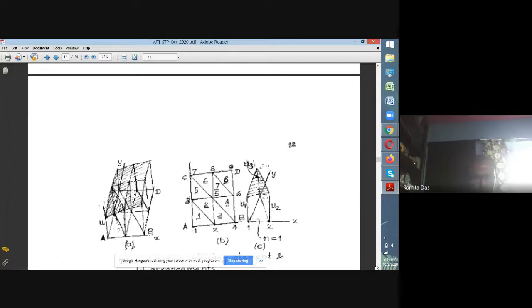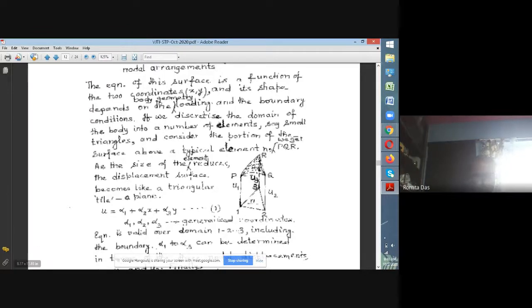This surface equation can be written in a simple form: the displacement in the vertical direction u is given by alpha 1 plus alpha 2 x plus alpha 3 y. It's the equation of a plane, and the constants involved are called generalized coordinates.